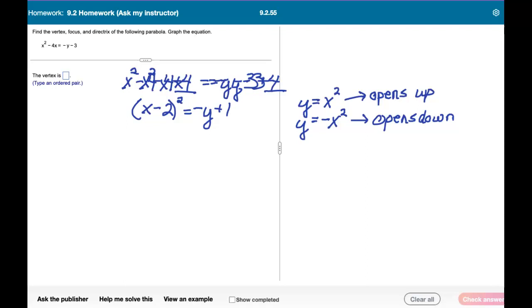So I guess what I'm trying to say here is that I'm looking at this sign right here to make the decision about whether I'm going to be using a positive 4a or a negative 4a. Since this one opens down, we're going to be using a negative 4a.